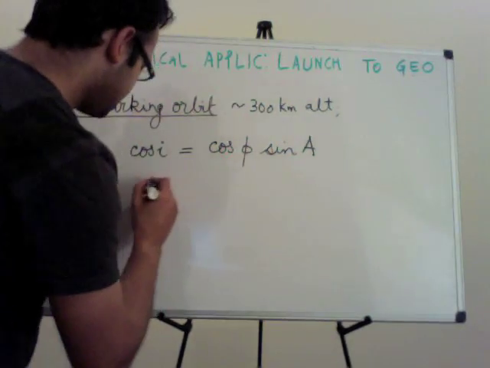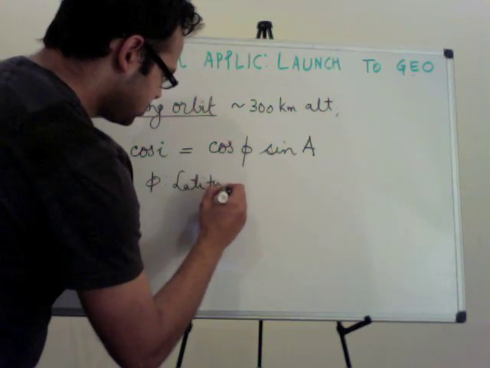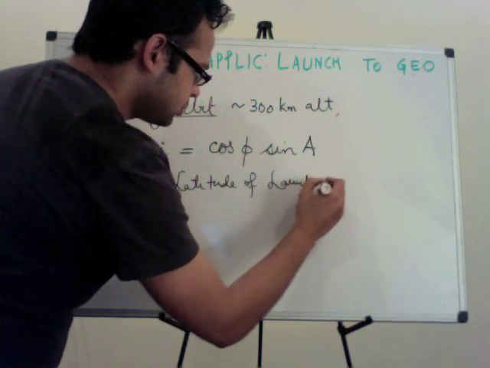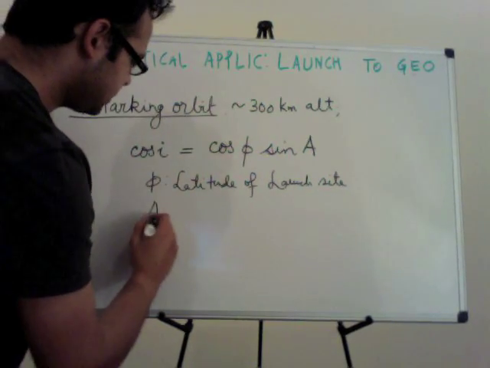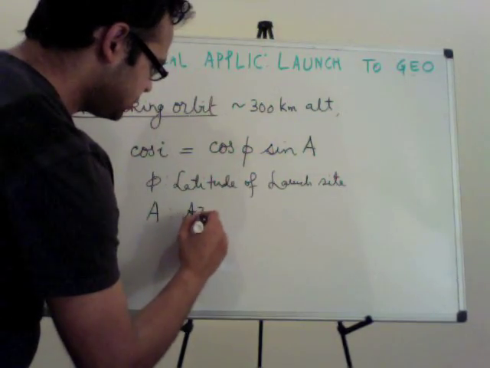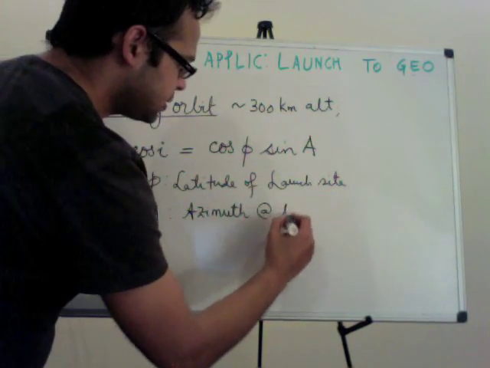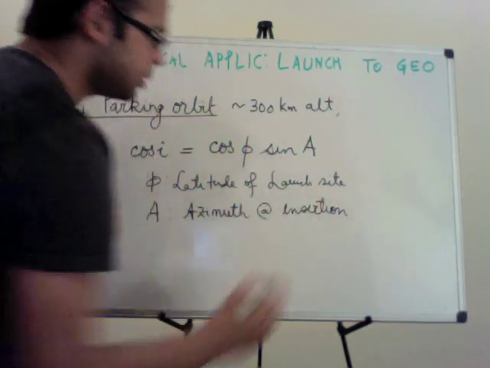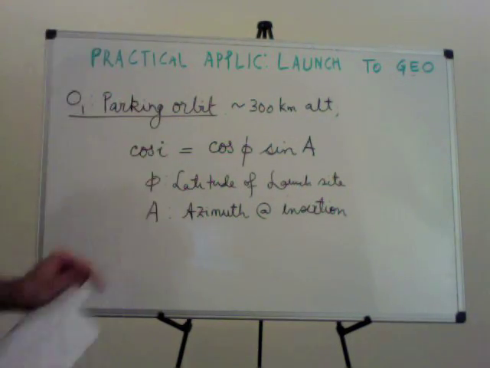Phi is the latitude of the launch site, and A is the azimuth at insertion. Remember the insertion point. It is the meeting point between the launch arc and the parking orbit.